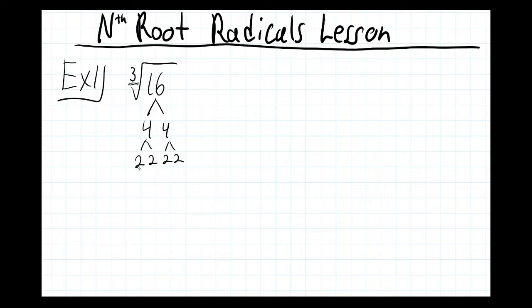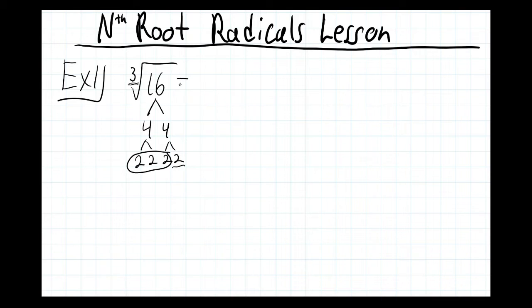Here, we look for a group of 3 now, instead of a group of 2 like we've been doing. Let me circle that better. Here, 2 times itself 3 times is one group, and then this 2 that I've underlined is left all alone, doesn't have anybody to be in a group together with.